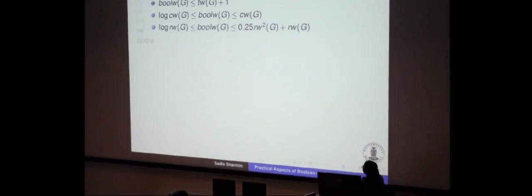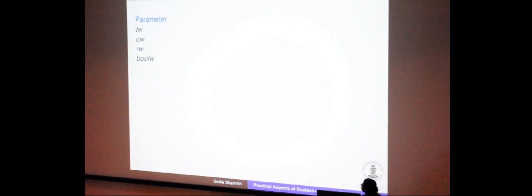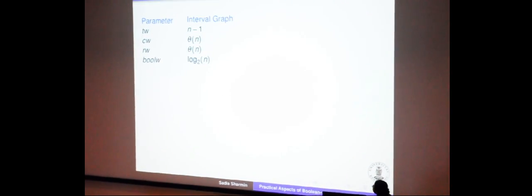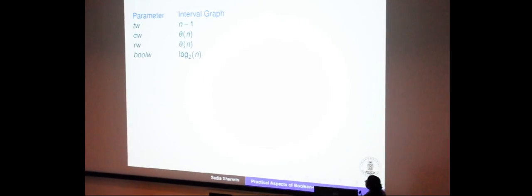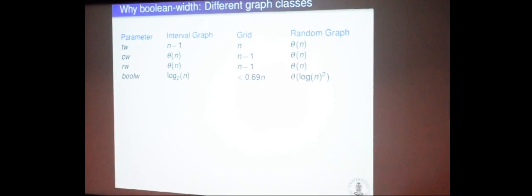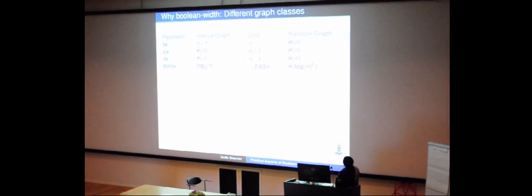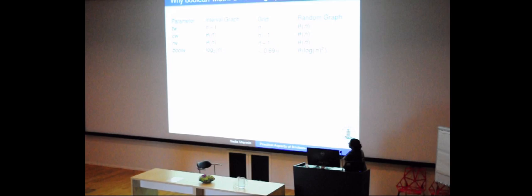And there are different graph classes where we are dealing with better bounds than other parameters, like interval graphs and grid graphs, where other parameters have unbounded values, meaning they have less power.